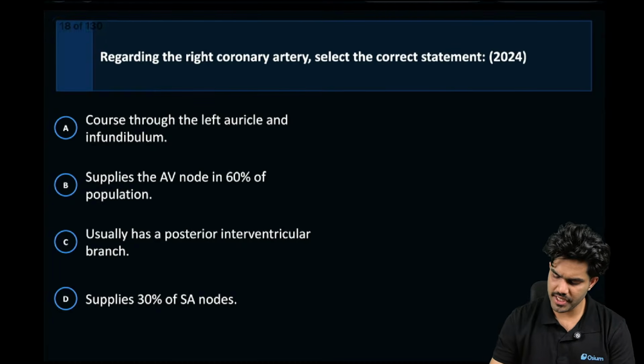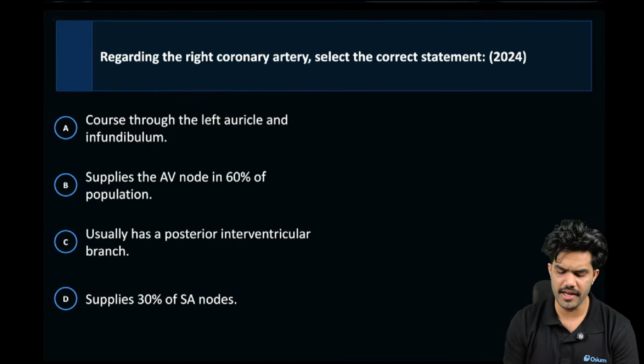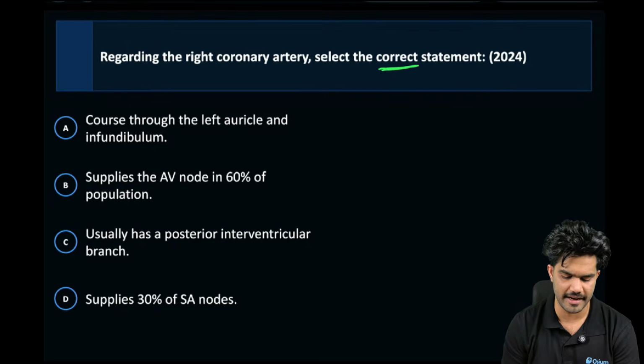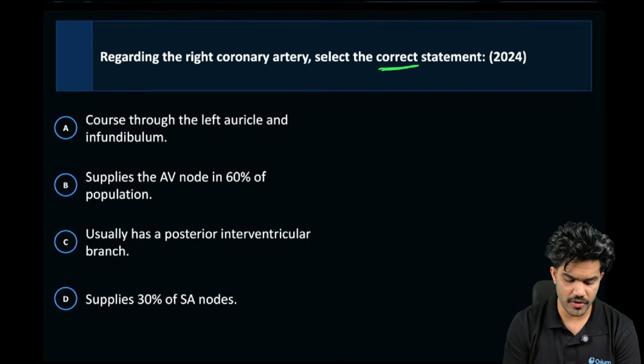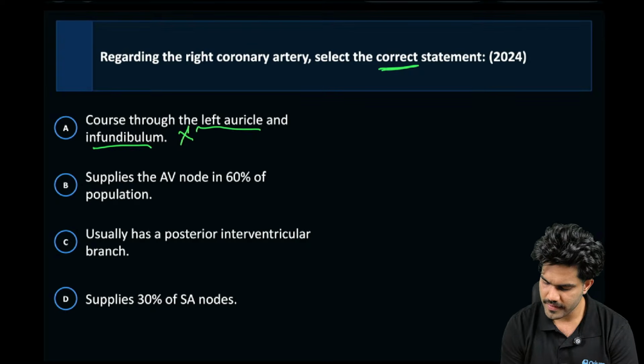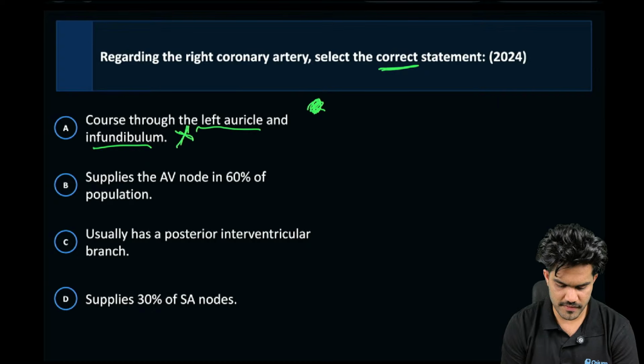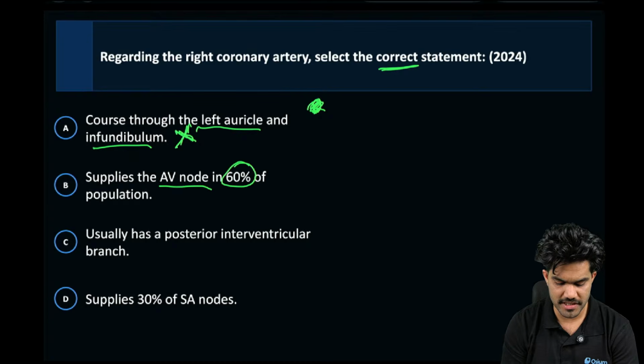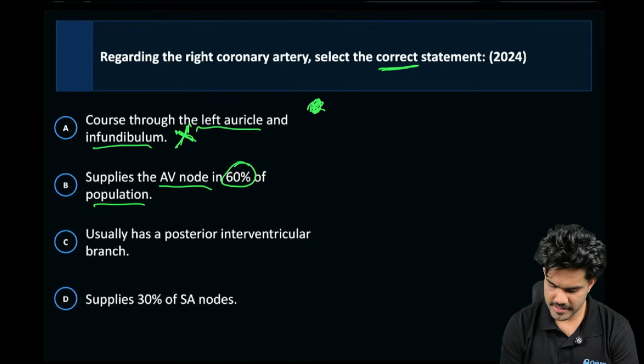Let's see the next question regarding the right coronary artery. Select the correct statement. Right coronary artery: course through the left auricle and infundibulum. No. So this will not be the right answer. Supplies the AV node in 60% of the population. No, it's a wrong answer.